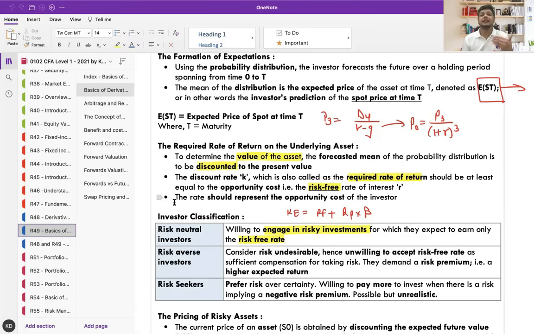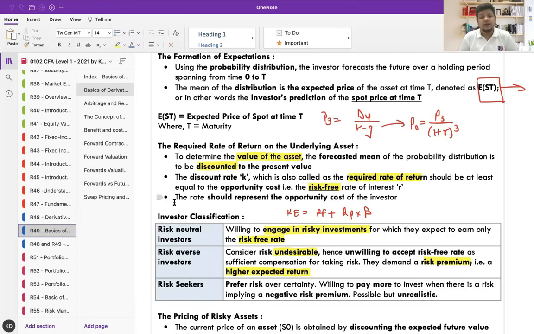So they are happy with the risk-free rate also, because they don't get worried with the riskier part like the risk averse. Risk averse investors consider risk undesirable and are unwilling to accept the risk-free rate. They need something extra. And that compensation that they need, that's why their expected returns are higher, and that compensation is the risk premium. So if offered a risk premium, only then risk averse guys will invest, but risk neutral doesn't care.